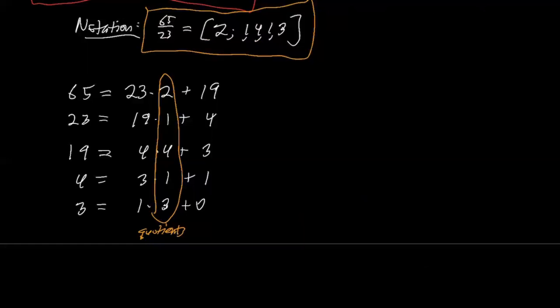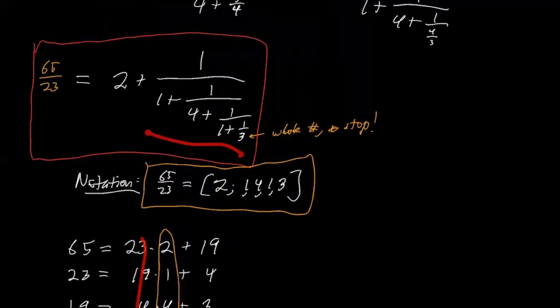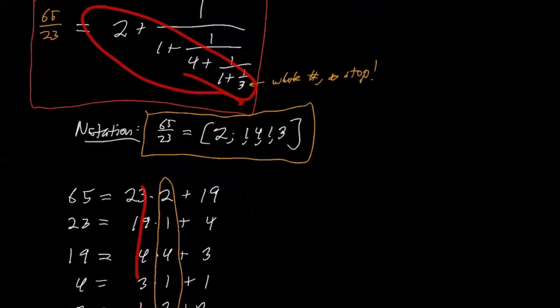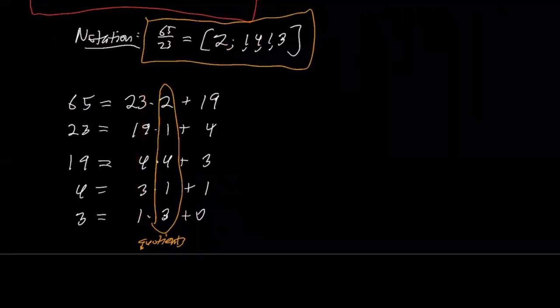You can see it, these numbers are exactly these numbers. So a quick way to find the continued fraction is just to do the Euclidean algorithm for the pair of numbers and then write out the quotients, and that's what ends up being that list of numbers there.